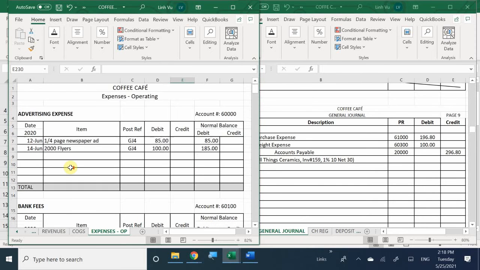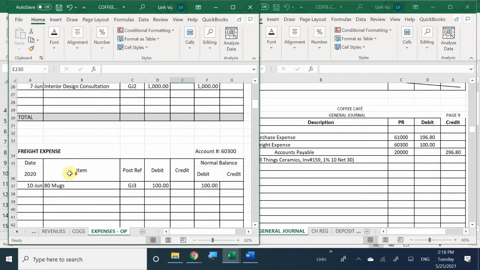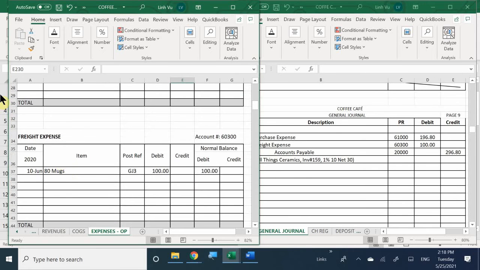Whatever it is, just make sure you know where your transactions are. So, freight expense. Here we are. 620, item 80 mugs, GJ9, for a debit of 100. And with your formula of your previous balance plus debits minus credits, that will give you a running balance of 200.